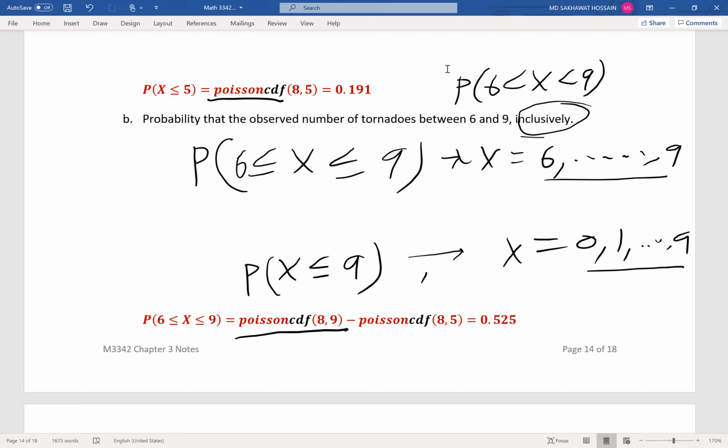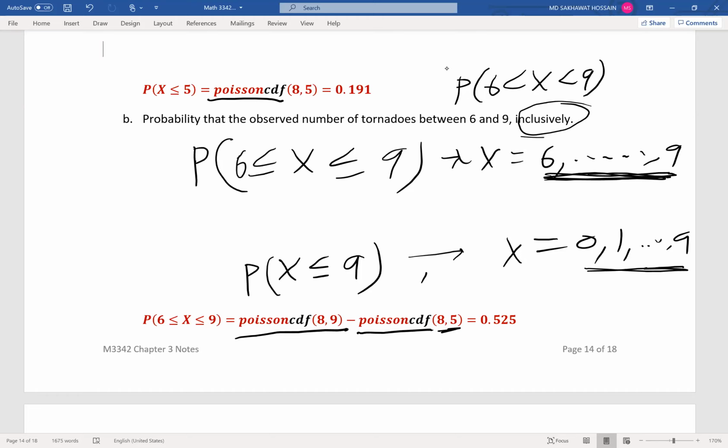How can you find the probability from 0 to 5? You have to use Poisson CDF 8, 5. Sorry, we have to subtract 0 to 5 because we need 6 to 9, but we have 0 to 9. So to get 6 to 9, we have to subtract 0 to 5.